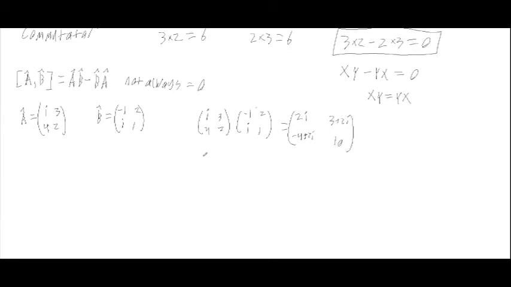And then if we take these and do it in the other direction, minus 1, 2, i, 1, and then i, 3, 4, 2, what we will end up getting is 12 plus i, 1, 3, and 2 plus 3i.